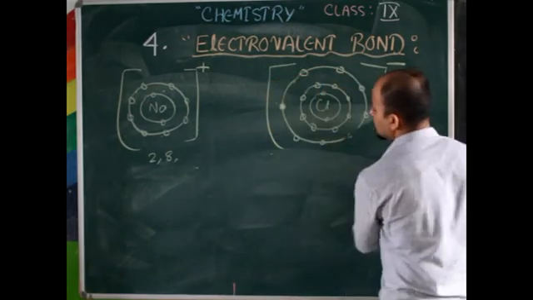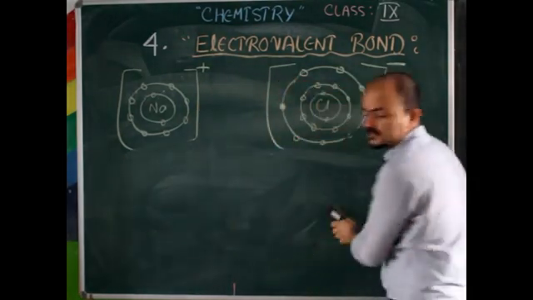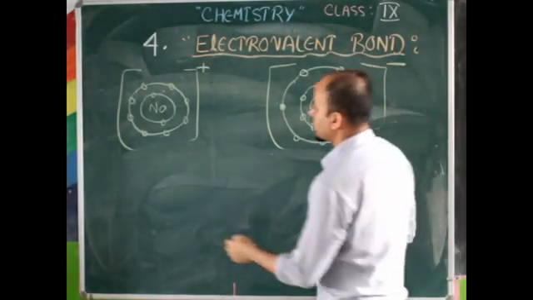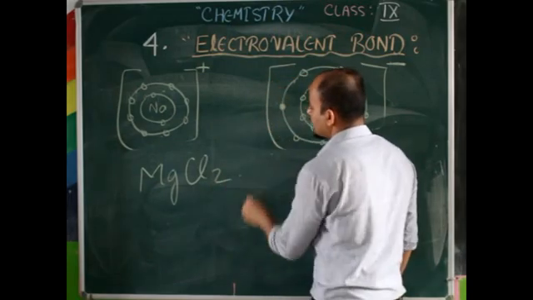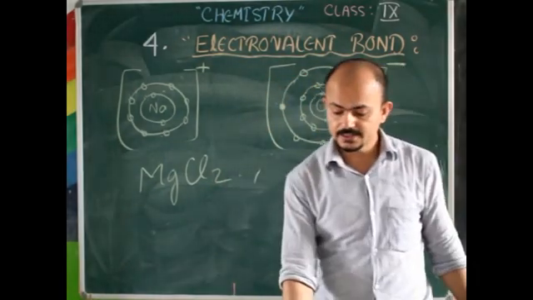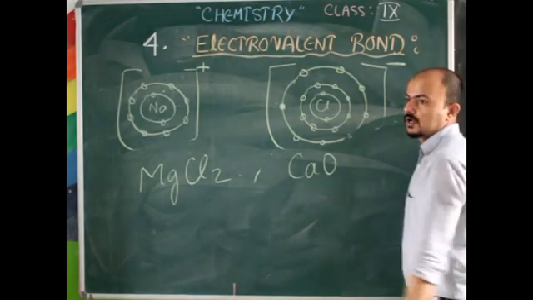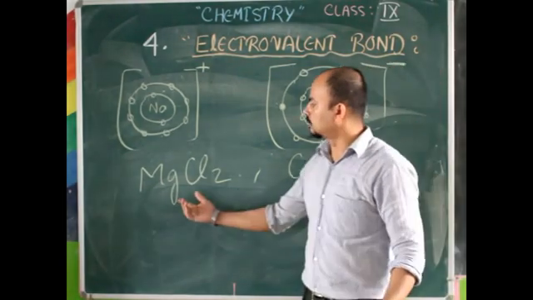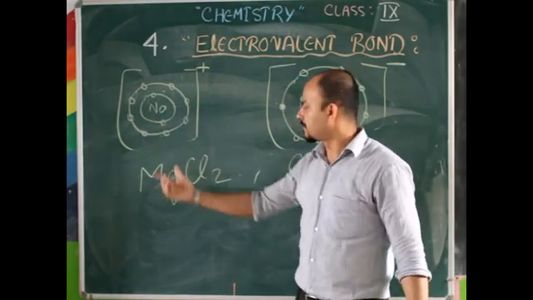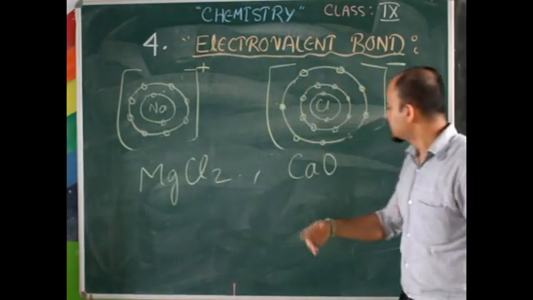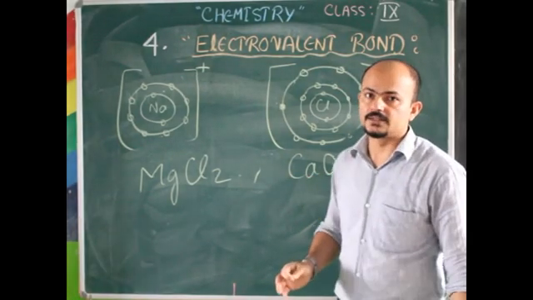Similarly, you can draw such orbital structures for magnesium chloride and one more, calcium oxide. I request you all to try these orbital structures for magnesium chloride and calcium oxide. That will be your assignment.